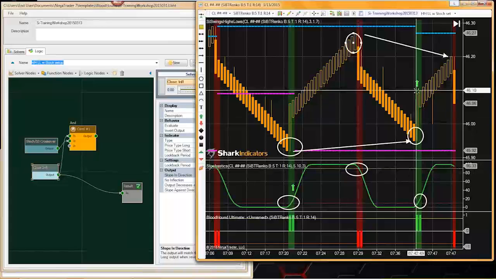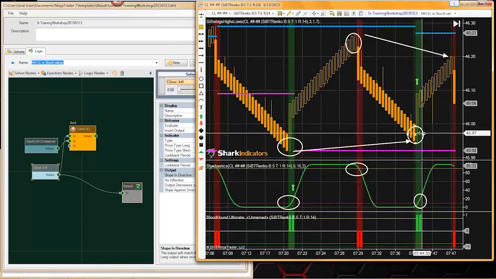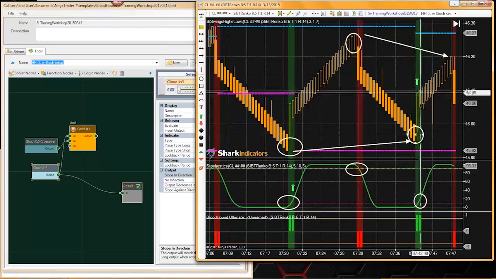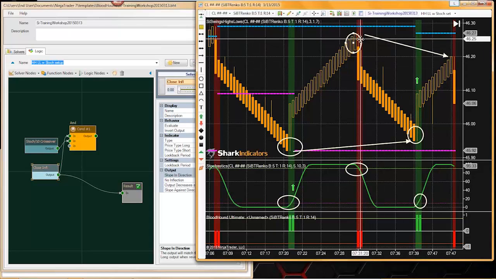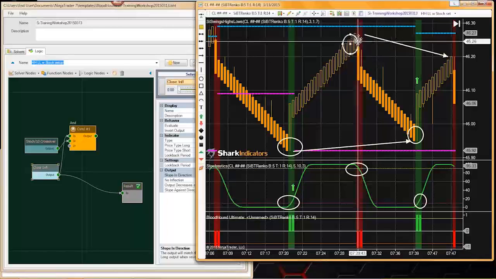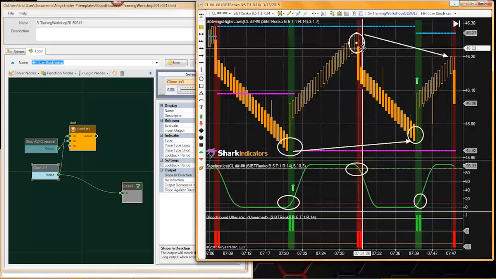But remember, our ultimate goal over here, where condition 3 or the final condition happens, is a trade signal where the arrow is. That's going to be a long trade signal. But what we're getting for condition 2 is actually a short output.